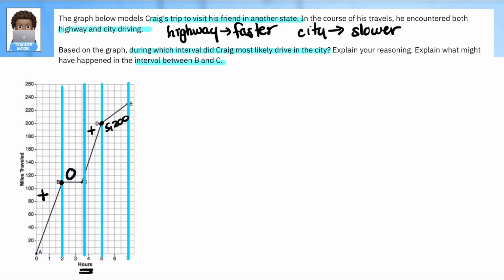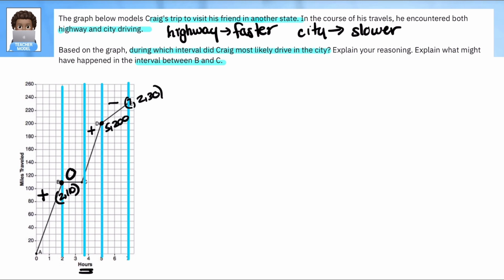I'm actually going to put that in there, and I'm going to put point B in there too. And so he's going pretty fast in that part. And then he goes another, from 200 to 230. So at 7 hours, he's gone 230 miles.